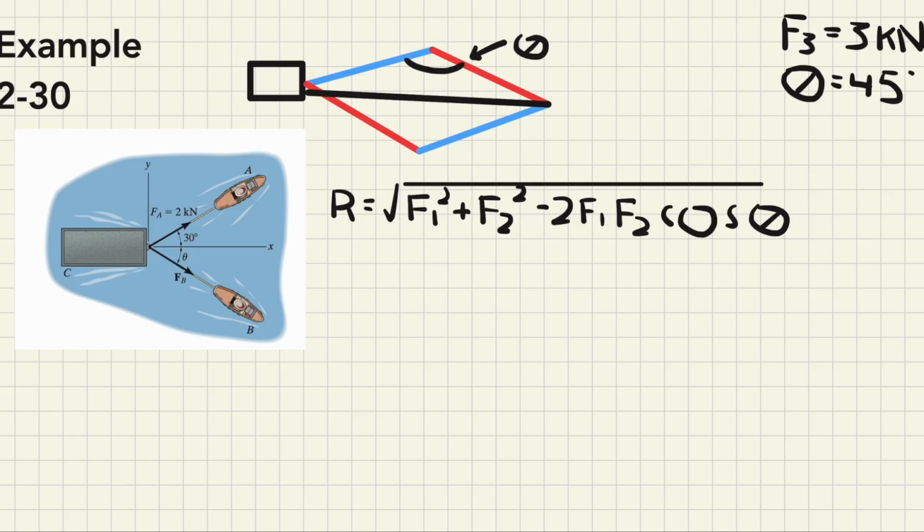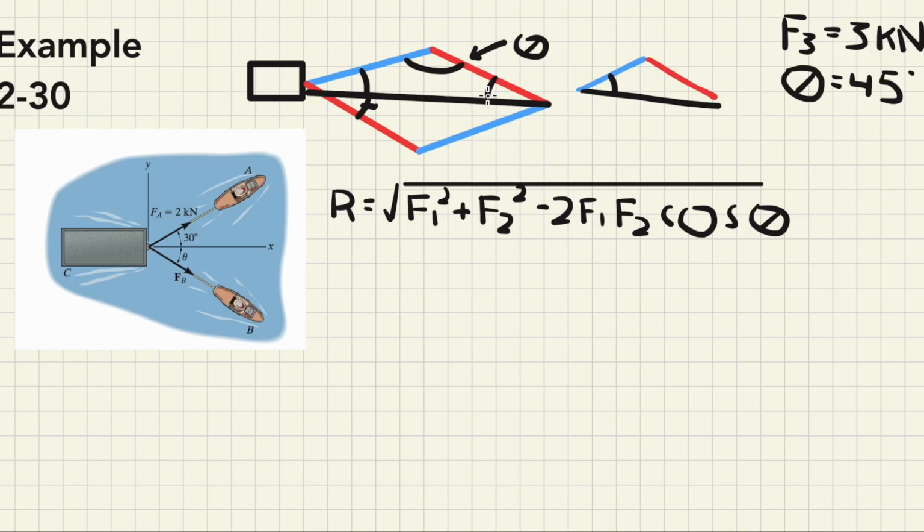So again, we know that the whole triangle is going to add up to 180. And from our given information, we can determine what this is. So if this is 30, right here, this one is 30, and then this one right here that we're given is 45.